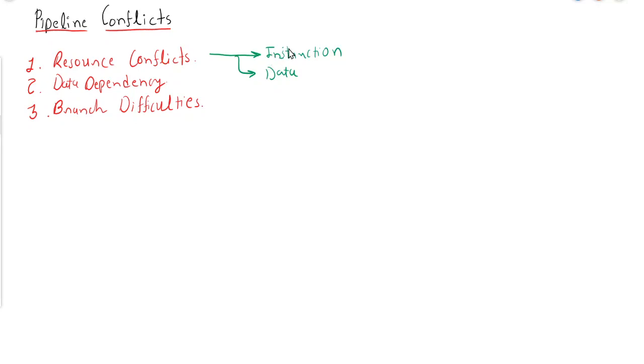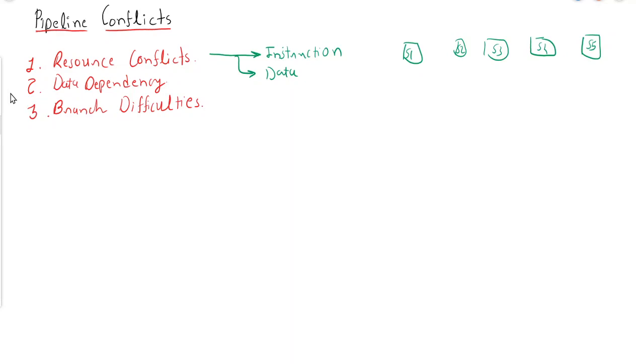Now what is data dependency? If you recall, we were having segment 1, segment 2, segment 3, segment 4, and segment 5. Data dependency will arise when the result of the previous segment is not available.